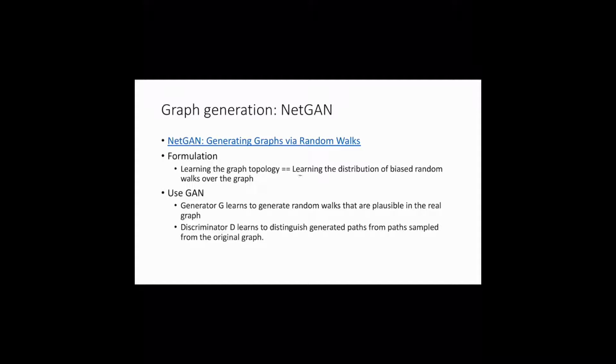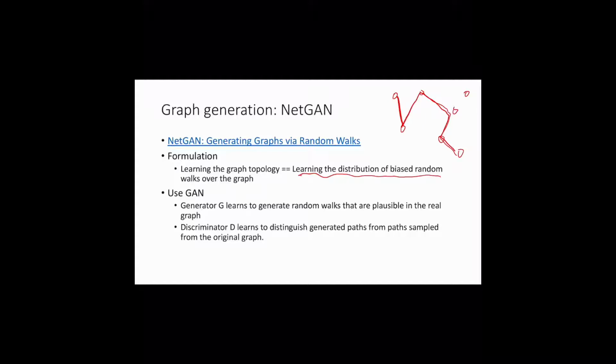And in words, what this means is that given a set of nodes in a graph, we want the model to be able to model which, if taking a random walk over the graph, which paths are plausible given the structure and characteristics of the original graph.